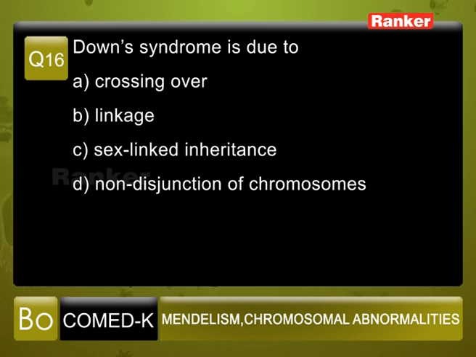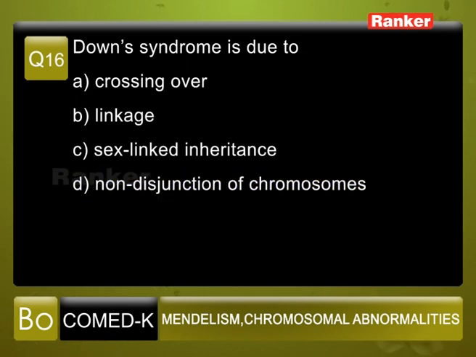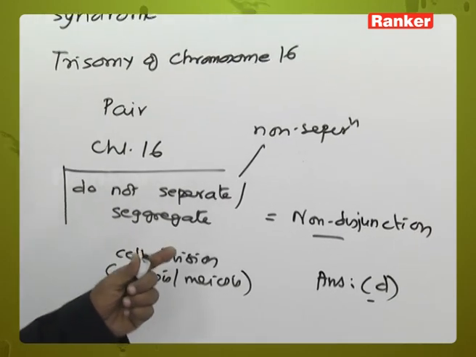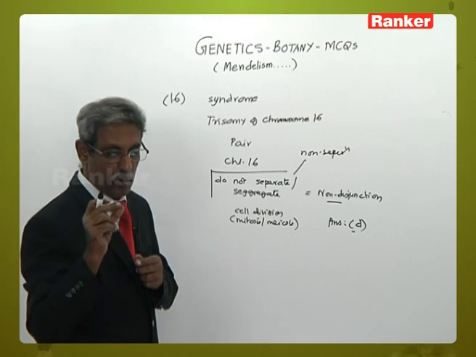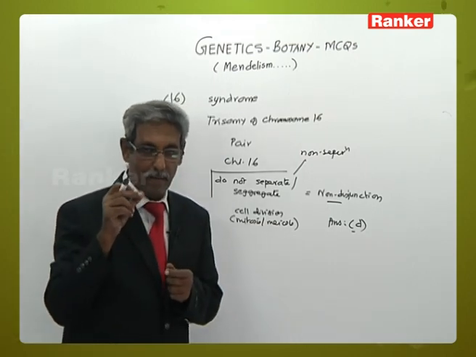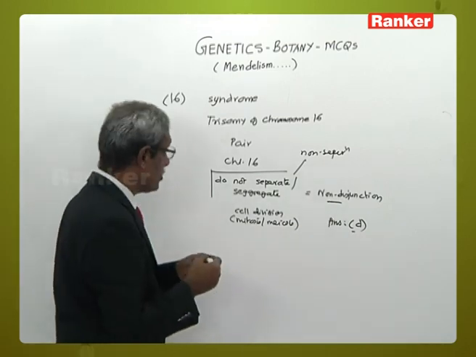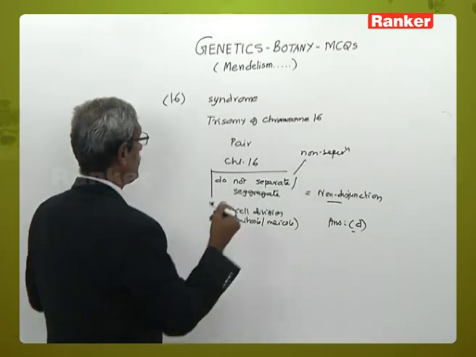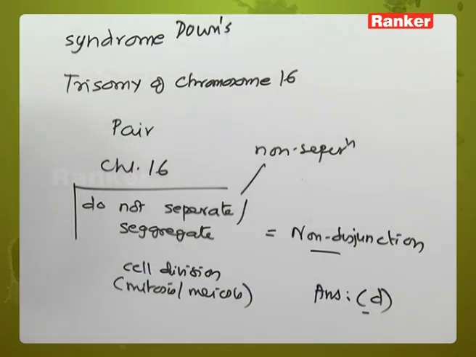Hence, the answer for 16 is D, that is, the non-disjunction of the chromosomes. So non-separation of chromosomes due to blocking, due to an abnormal chromosome piece coming and interfering with mitosis and meiosis, is predominantly termed as non-disjunction. This is the case in the Down syndrome.